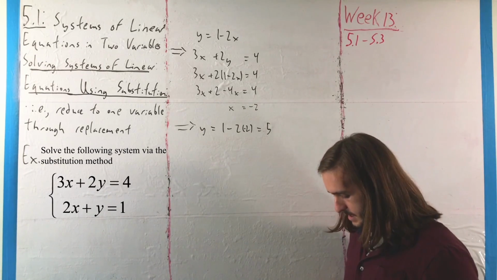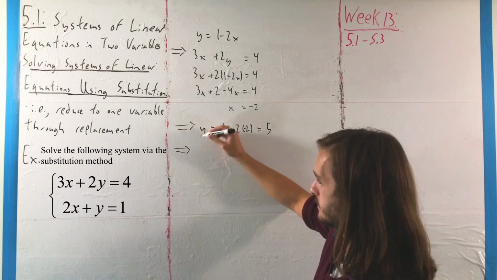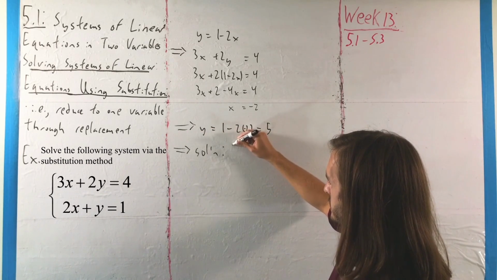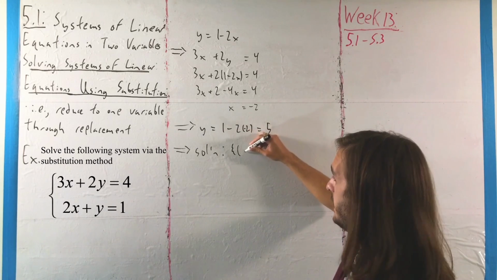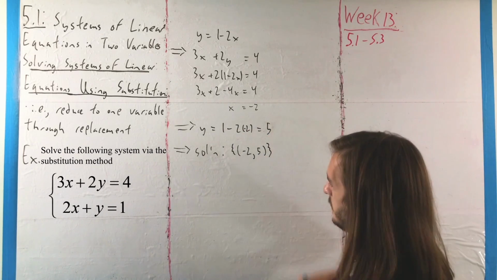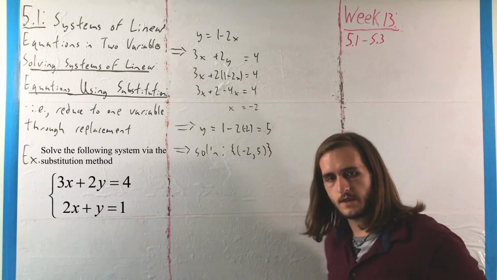It happens. In any case, we have that our solution set, even though it's a single point here, would be the set of ordered pair, negative 2, 5. And you can check this by plugging it back into our original system there. I'll leave that to you at this point.